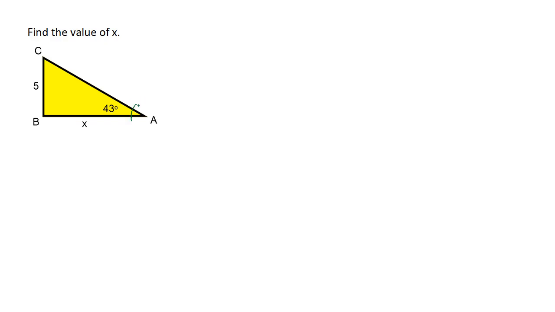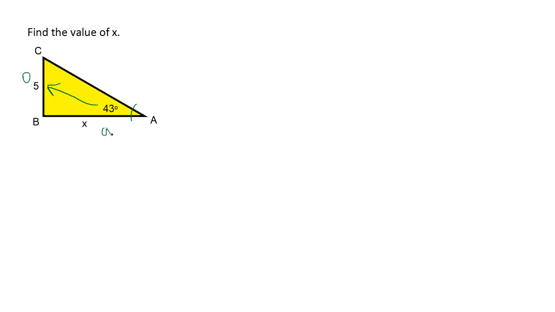So we're given angle A, which is right here, and we're also given this side length right here, and we're asked to find this side length. So we have to consider what is this side and what is this side in reference to this angle. Well, the 5 must be opposite of the 43 degrees. So this is opposite. And the x, then, since this one has to be the hypotenuse, the x must be adjacent.